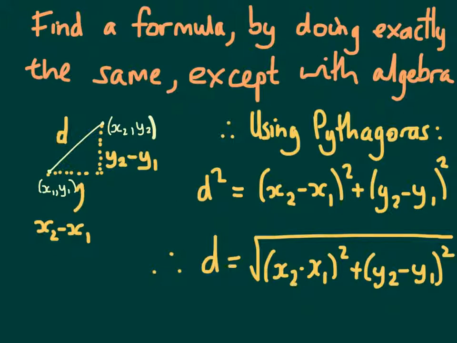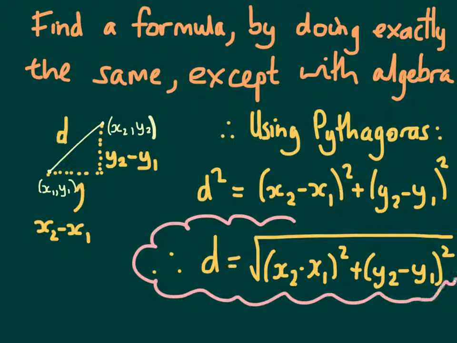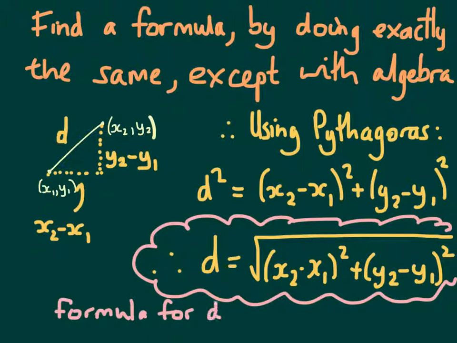That's mathematically proved the formula for the distance between 2 points. That's an important formula to remember, so we don't have to worry about drawing sketches and working out Pythagoras' theorem and all those sides as we did before. That's the formula for the distance between 2 points.